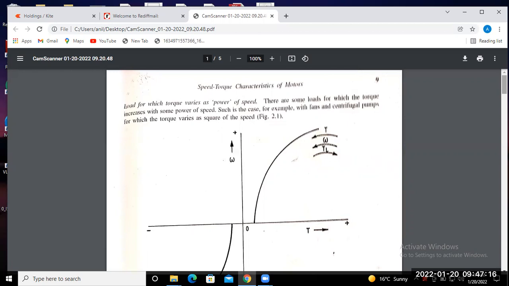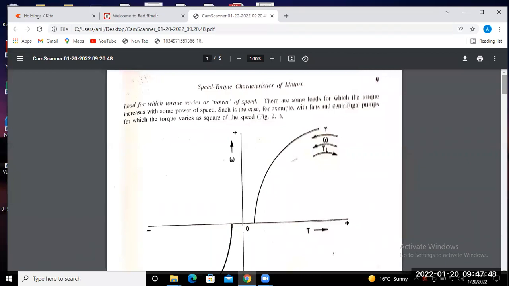So the types of load, that means if you consider the fan load, okay. So the fan load requires varying speed, torque is directly proportional to the square of the speed. The positive load torque is opposite in direction to the positive motor torque. The load torque may remain constant or may be practically independent of the speed.